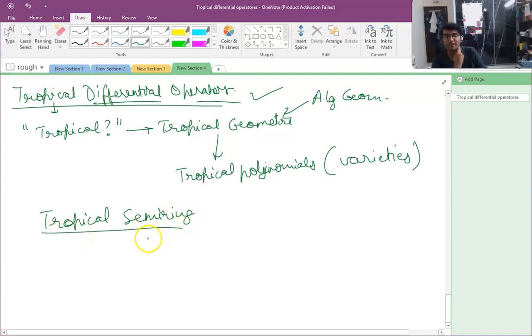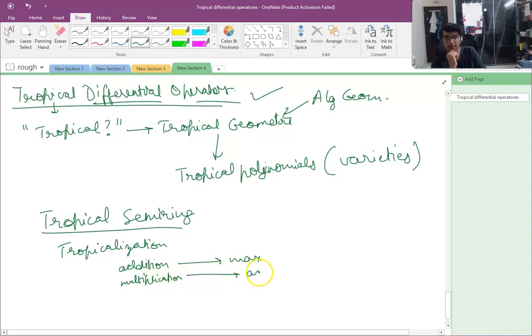And what this tropical semi-ring does is it allows you to do a certain process called tropicalization. What does tropicalization do? I'm just throwing words around, right? Tropicalization allows you to turn addition in your polynomial to maximum. What does that mean? I'm just going to continue anyway without answering for now. And it takes multiplication and converts it to addition.